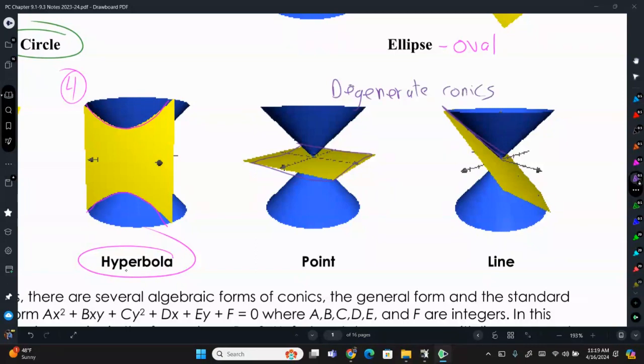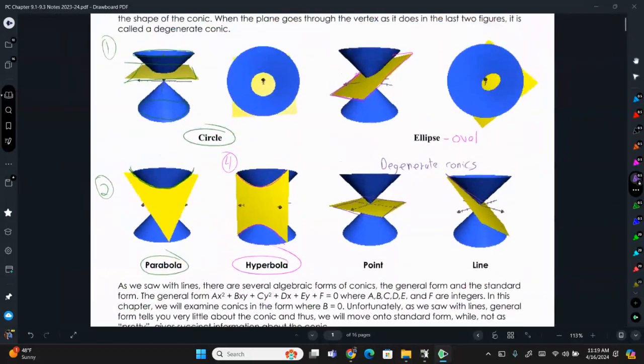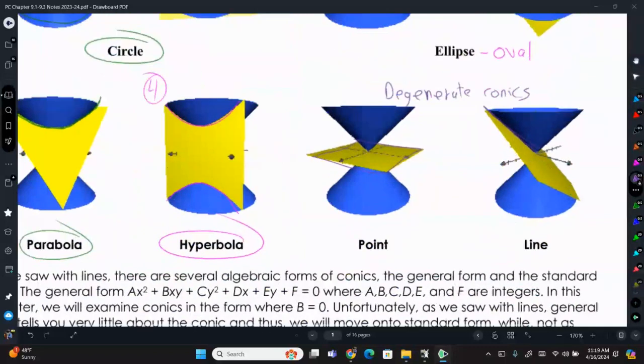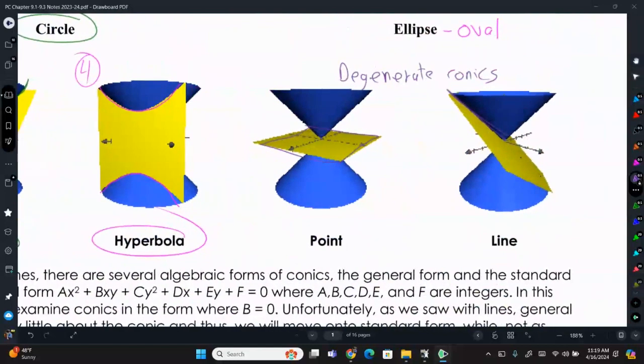We are not learning about those this year, so we don't have to really worry about that, but I just wanted to show you what that would be with different cross sections, because we talked about all the other cross sections of a plane, but what if it only touches at a point, or if it's just touching that plane or that cone at a line? We're not going to learn about those.